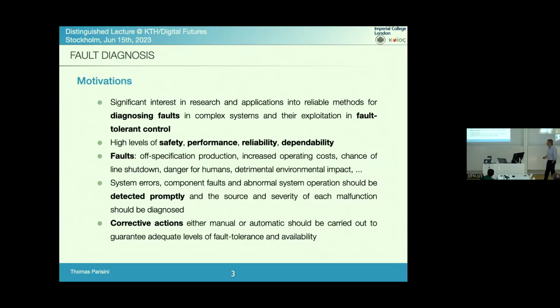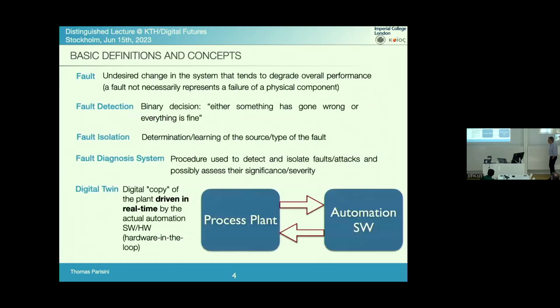A fault is a more general definition, as I'm going to explain in the next slide, and it can even be off-specification production in some cases. One of the things I'm going to show you in the practical application, but I don't have the time in this lecture to go into the details, is what you do when you detect that something has gone wrong. What is a corrective action that you could take? That is something I will show in the application.